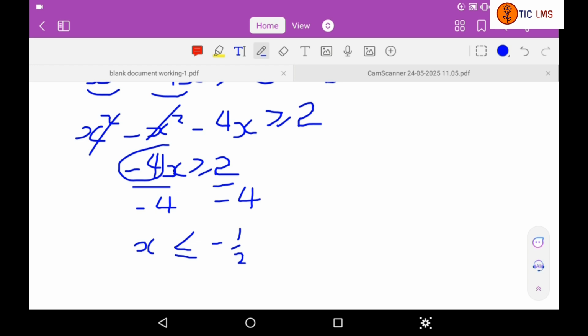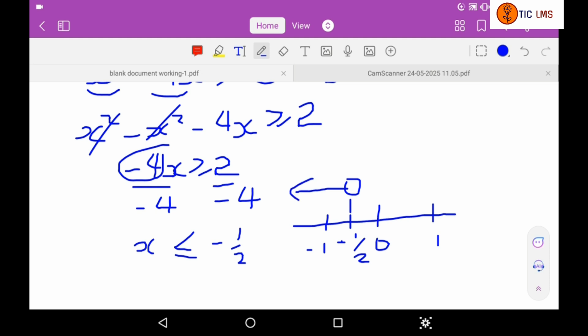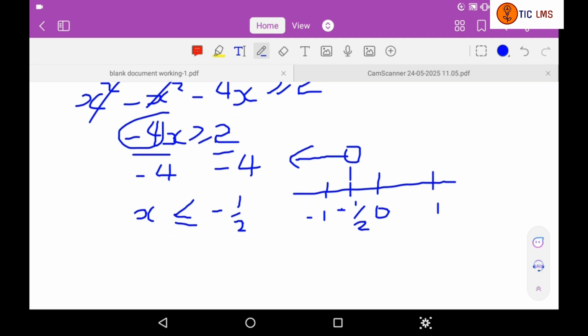Now, there are times that at this point you should be careful of making a mistake. Okay, so let's say this is 1. All right, in between, so this is negative 1, then this is 1. So in between 0 and negative 1, you have your negative 1 over 2. Okay, so we are asking for values of x that are less than. That means from this negative 1 over 2, we are going to move backward, to the left.